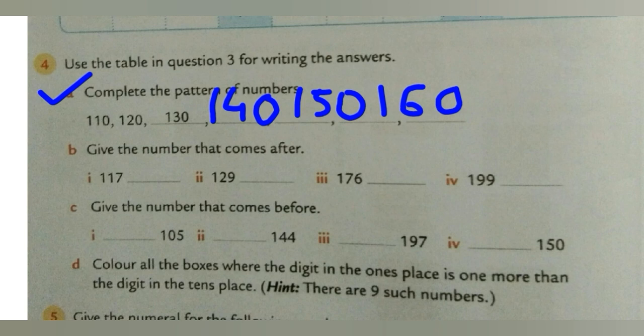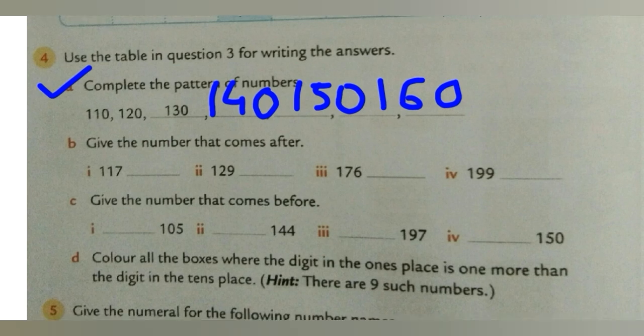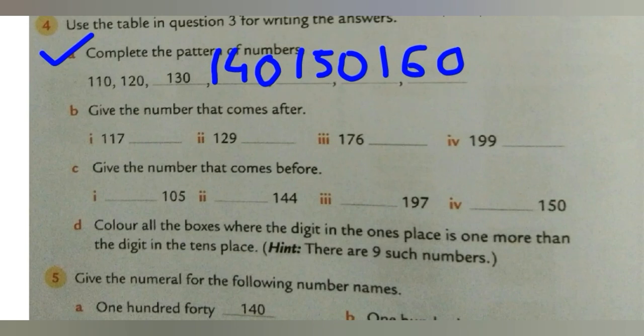Now check out the next one. Give the number that comes after. After, before, between, you have already learned. You have to just try it out. 117. What is the number that comes just after 117? 1. Just see the 100 place. 1.